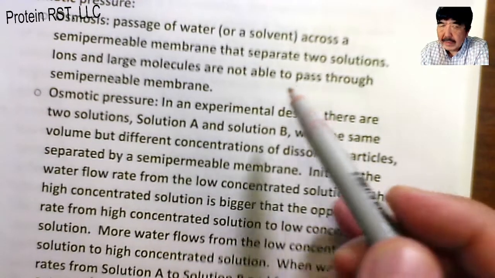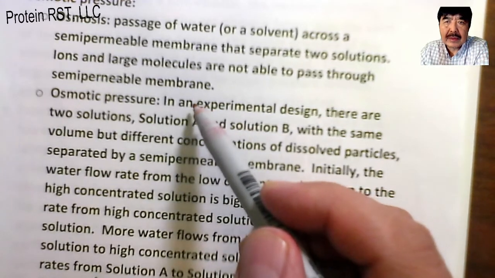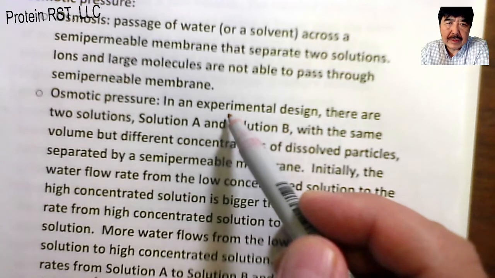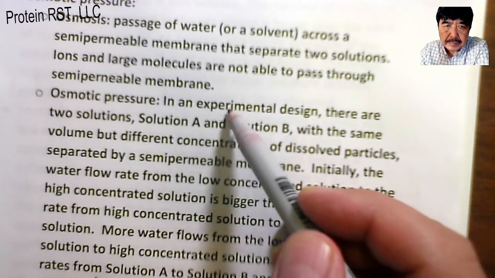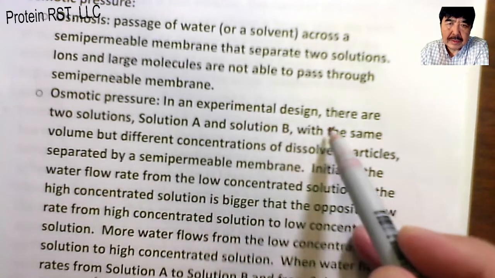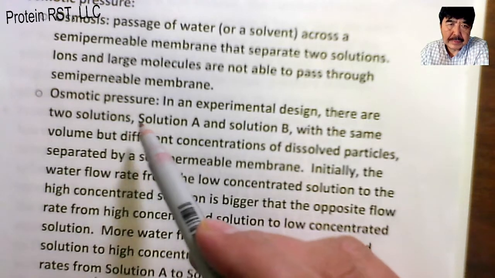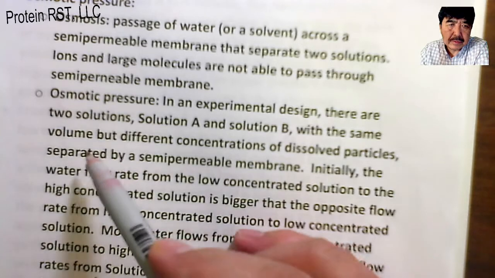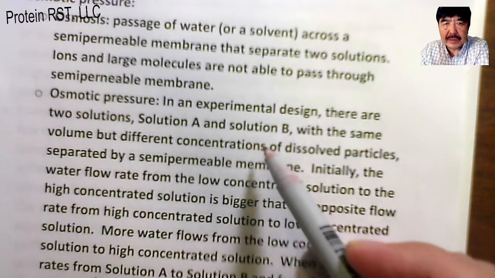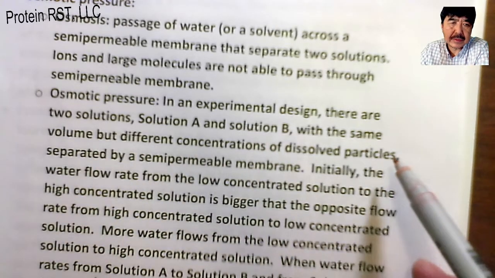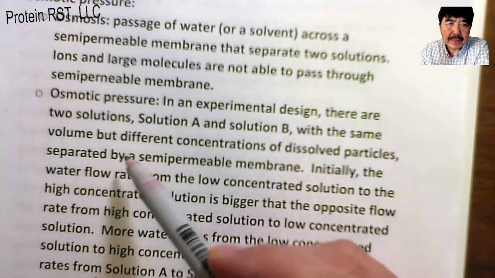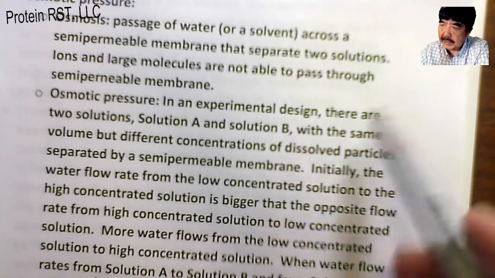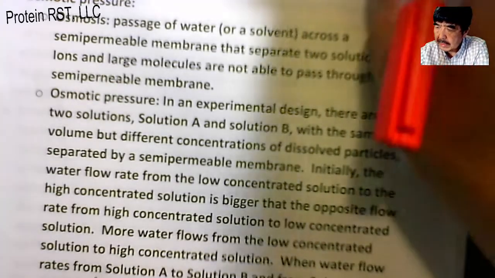What is osmotic pressure? To understand osmotic pressure, we need to do an experiment. Suppose we have two solutions, solution A and solution B, with the same volume but different concentrations of dissolved particles. The two solutions are separated by a semi-permeable membrane.